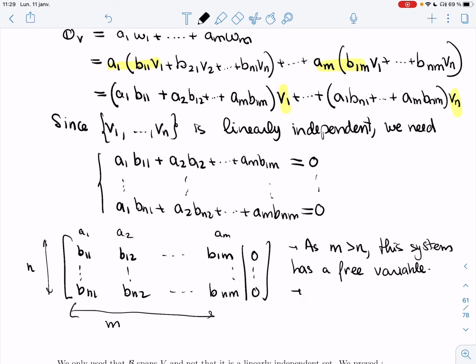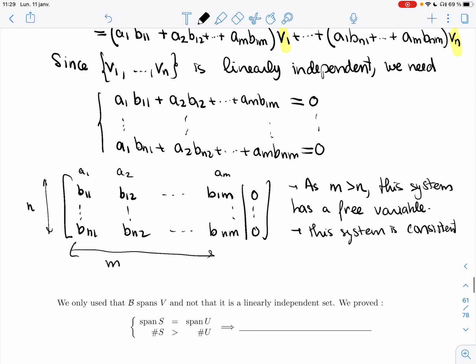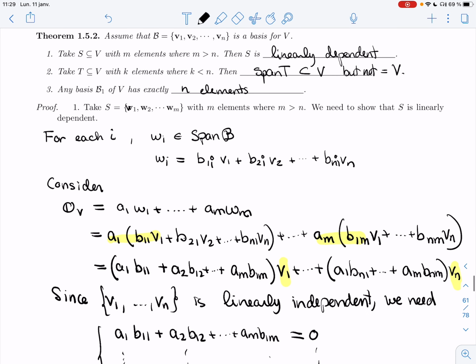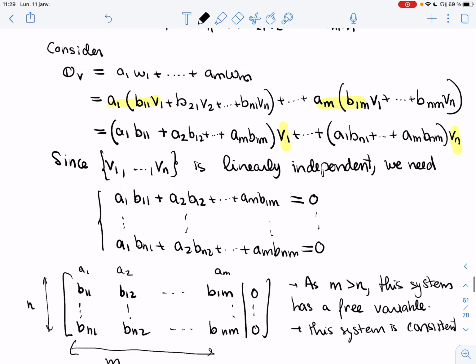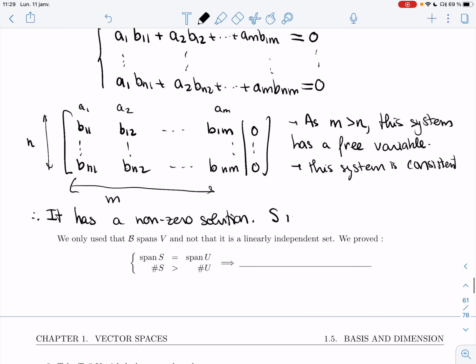System is consistent. And so there is a non-zero solution. And so the set we started with, this set S here, is linearly dependent.